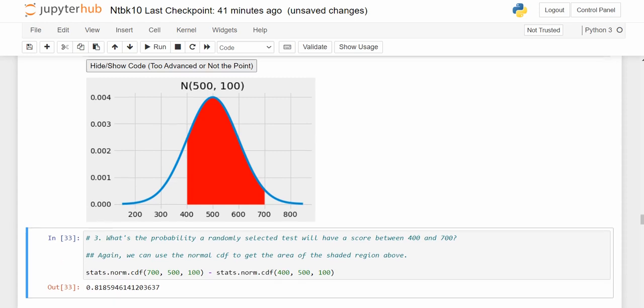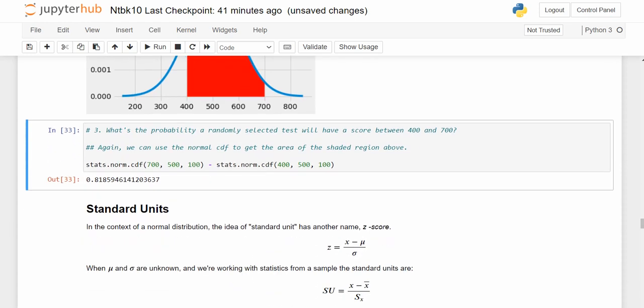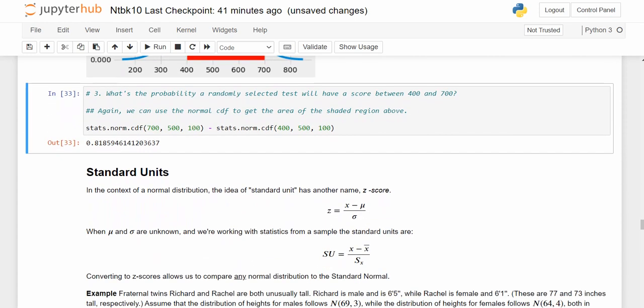So standard units, what are those? Standard units are called z-scores. Why? Because they tell us the number of standard deviations above or below average we are. So let's talk about what these values mean. z equals x, whatever score we're talking about, mu is the population mean, and sigma is the population standard deviation.